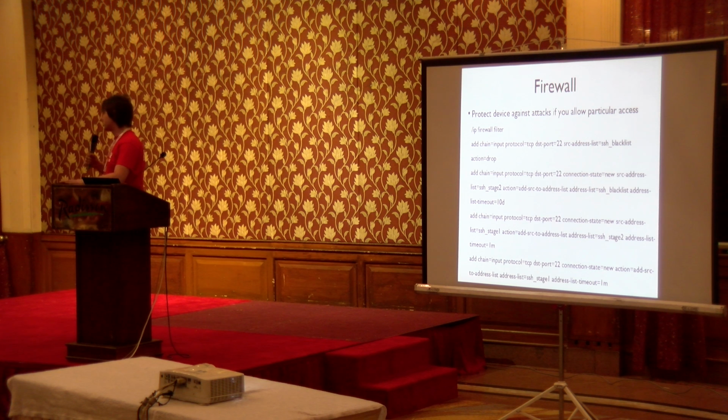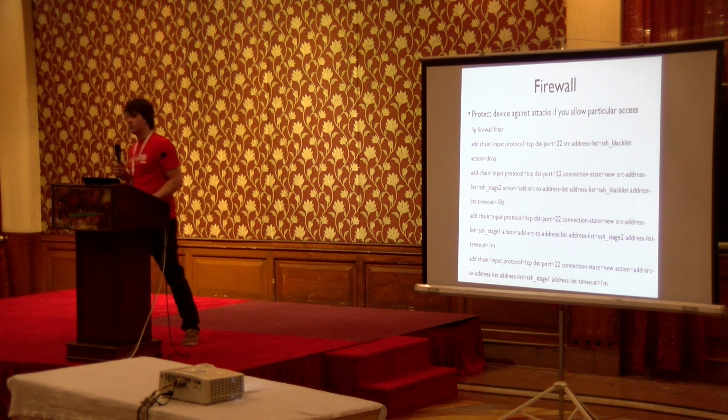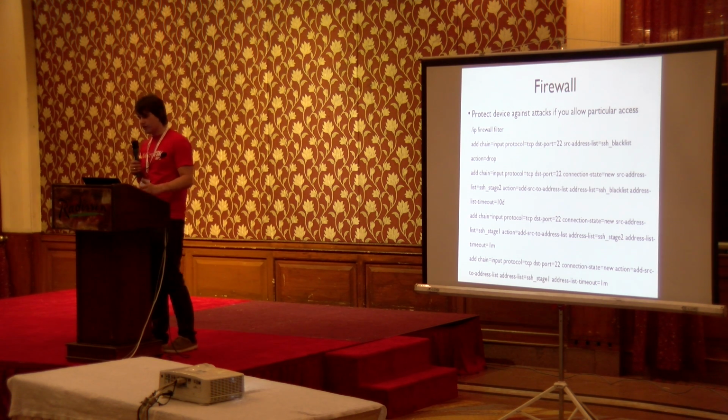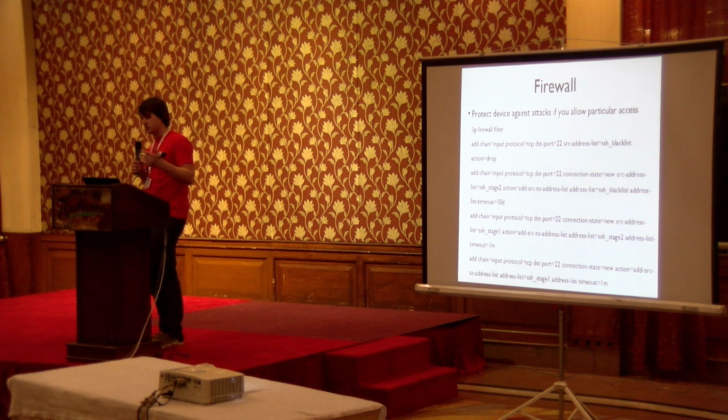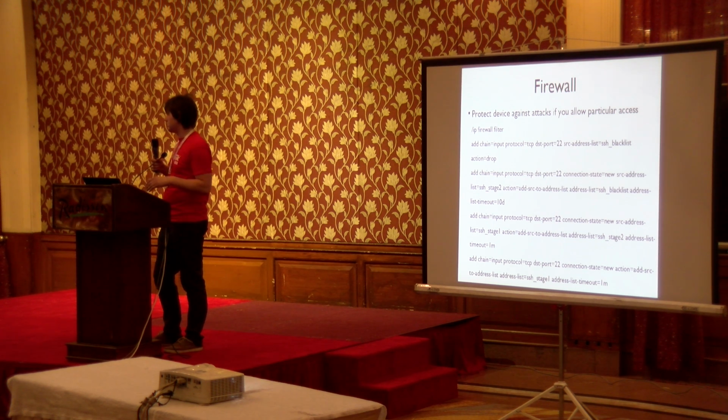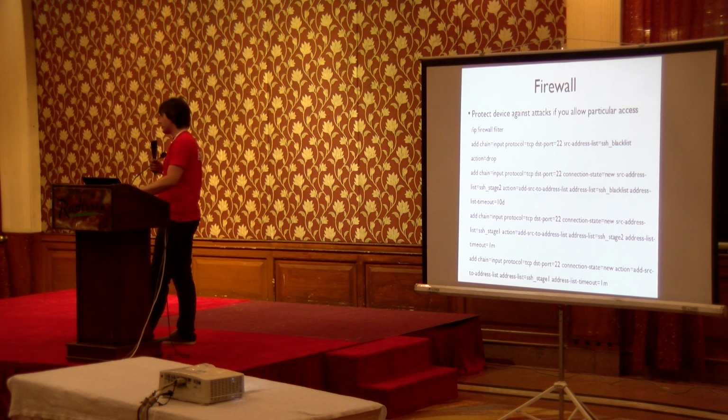Also, you can make sure that brute force attacks won't be possible. This can be done with multiple firewall rules. If somebody tries to access your router using SSH and the connection is unsuccessful, this means that the credentials are incorrect. The router will add this attacker's IP address to a list.